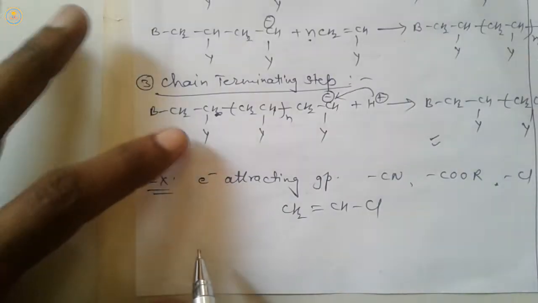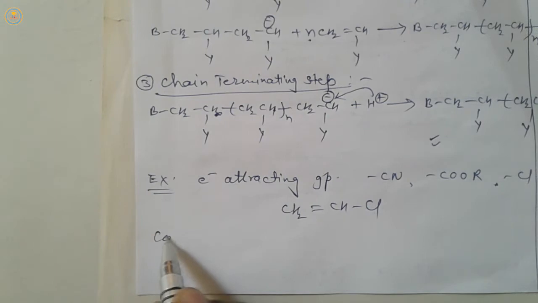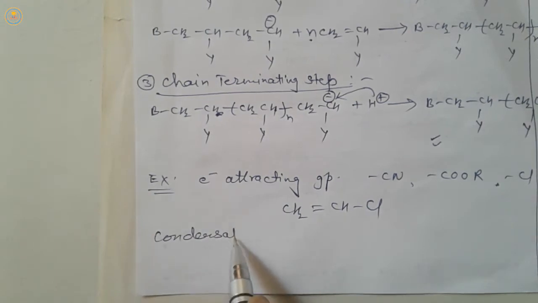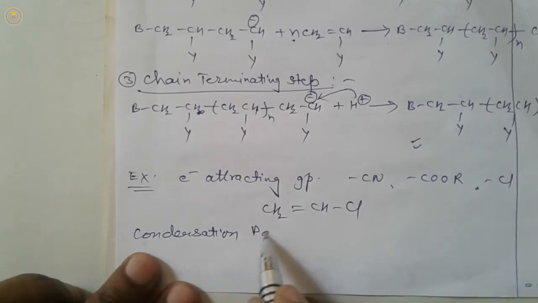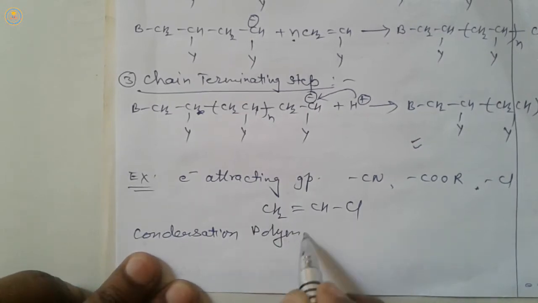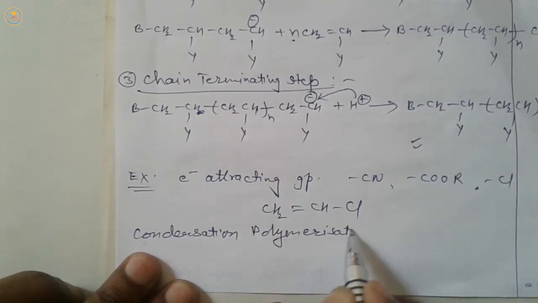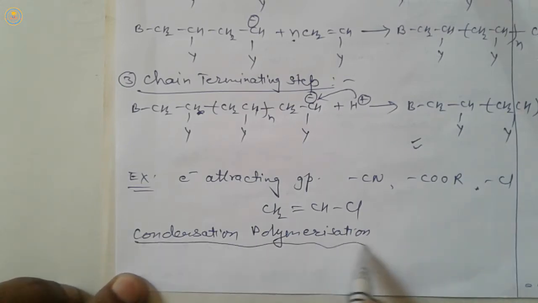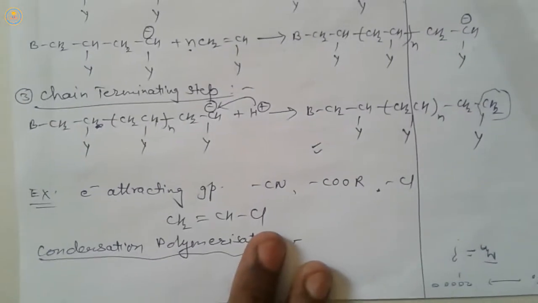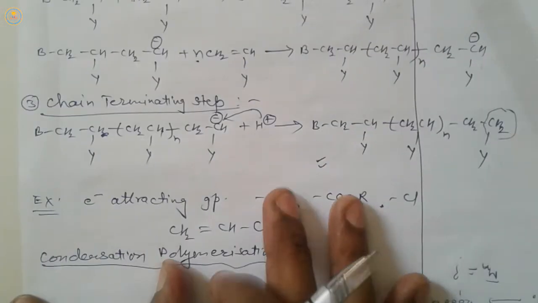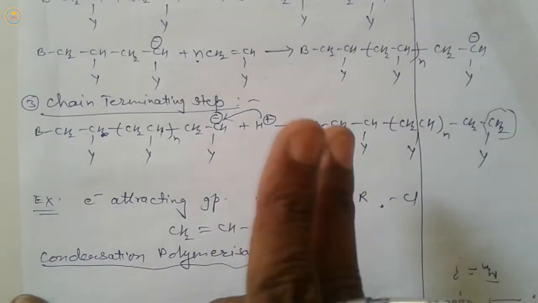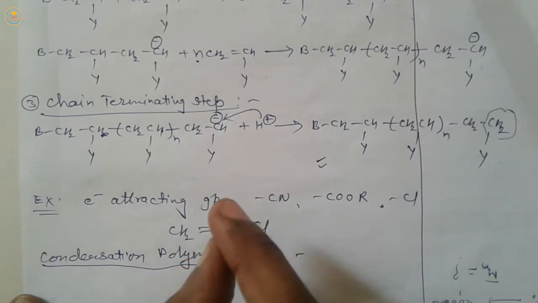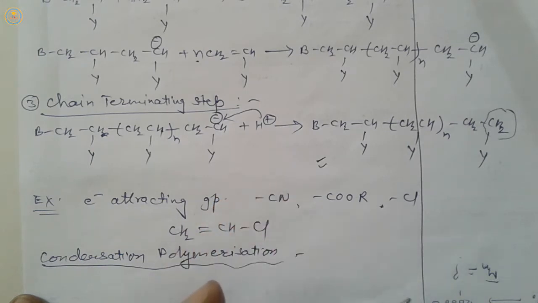Next point is condensation polymerization. The polymer formed by the repeated condensation reaction between two different bifunctional or trifunctional monomeric units.